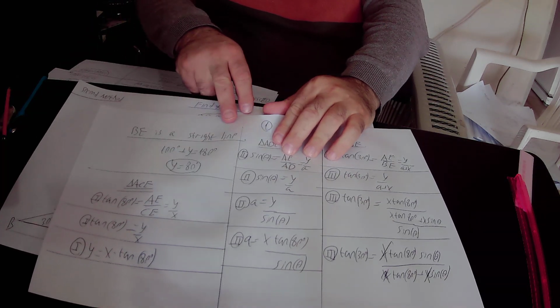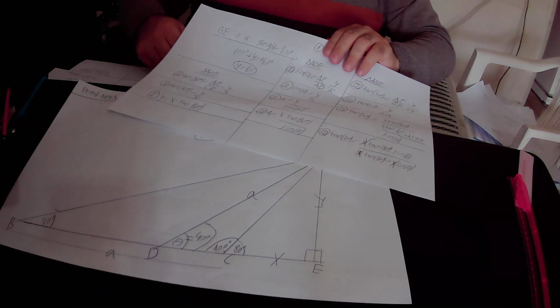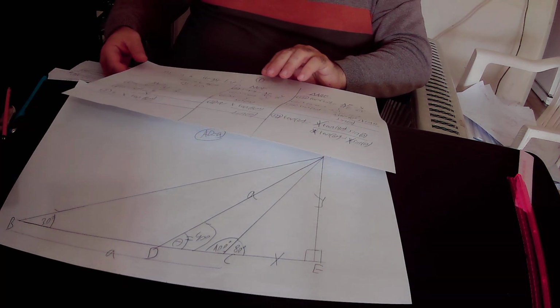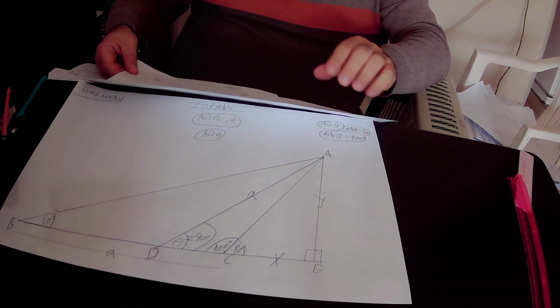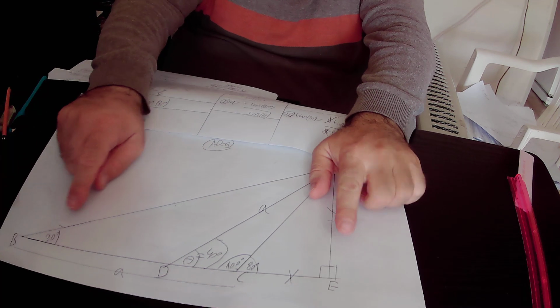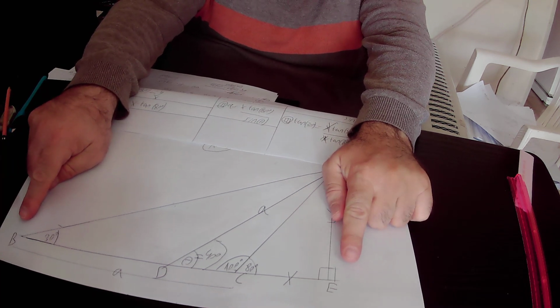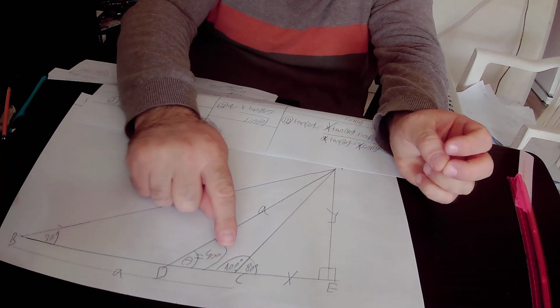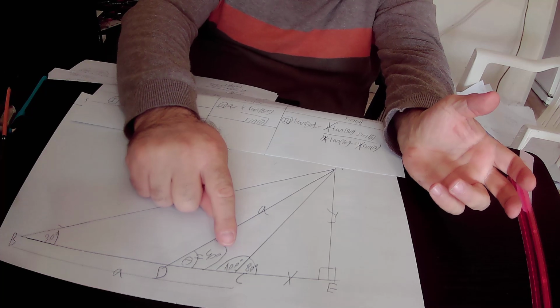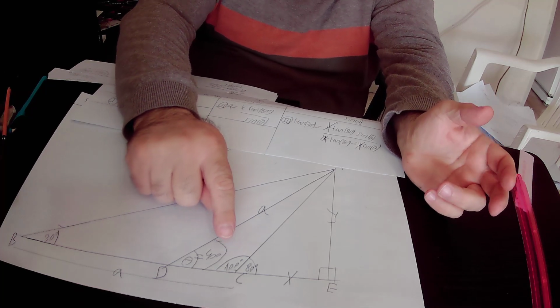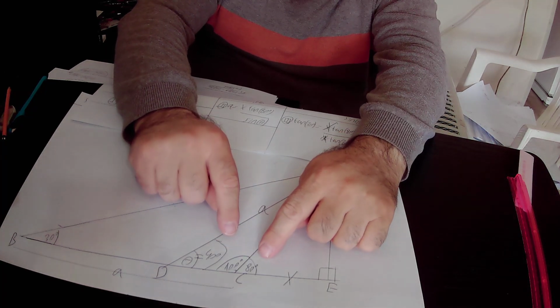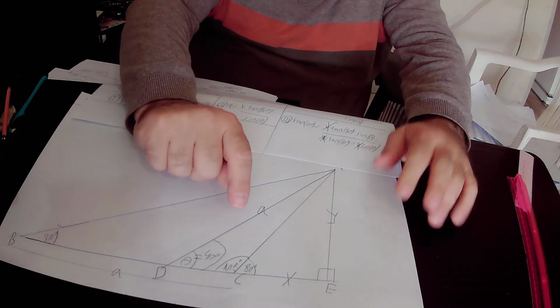We have the rule that the sum of the angles on one side of a straight line equals 180 degrees. So if we focus on the upper side of the straight line BE at point C, then the sum of the angles must equal 180 degrees according to the rule I mentioned. So this angle, angle Y, plus 100 degrees must equal 180 degrees.